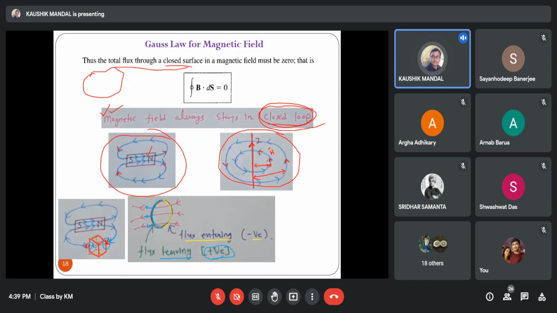If you consider this particular surface, fields are leaving. So what will be the overall flux in this closed surface? The total flux, flux entering plus flux leaving the closed surface, will be equal to 0. That is the statement of Gauss's law for magnetic field.